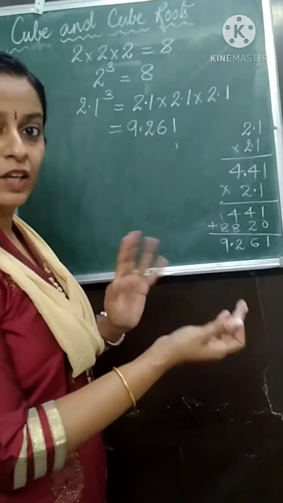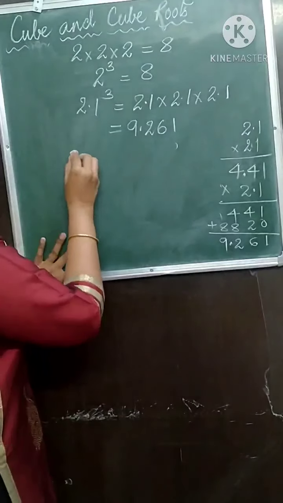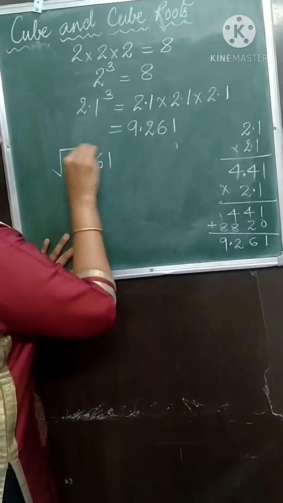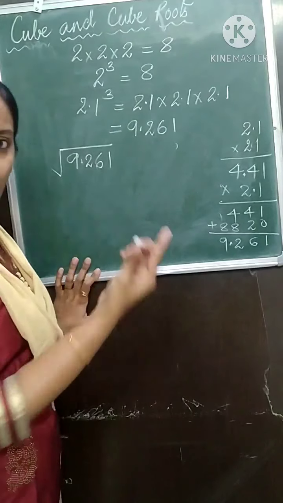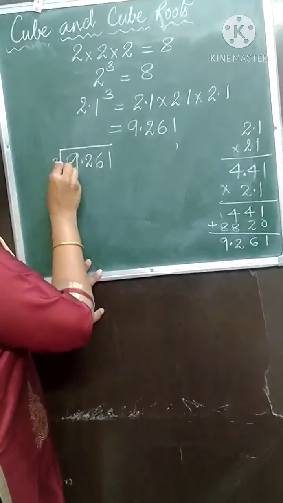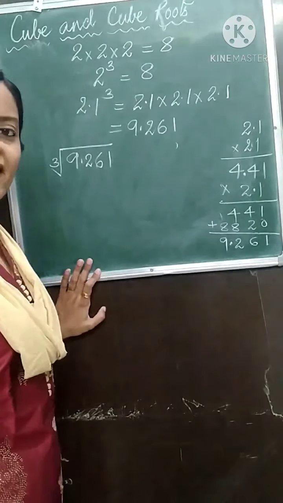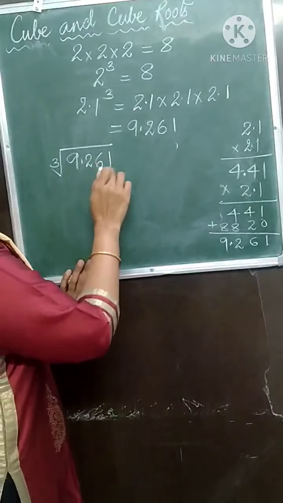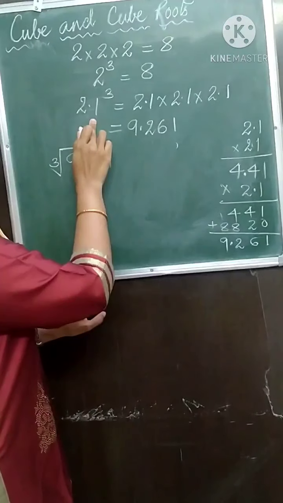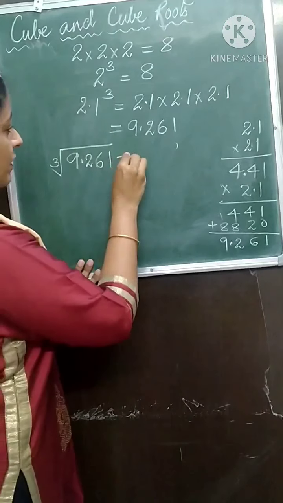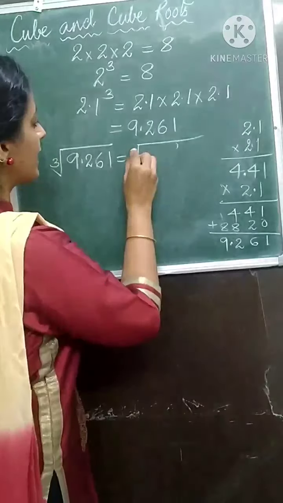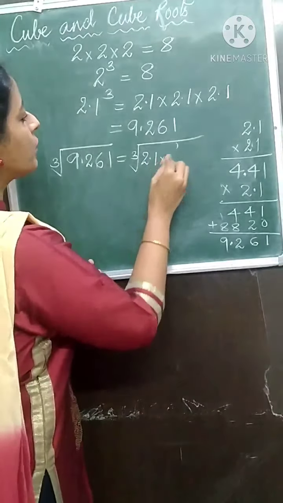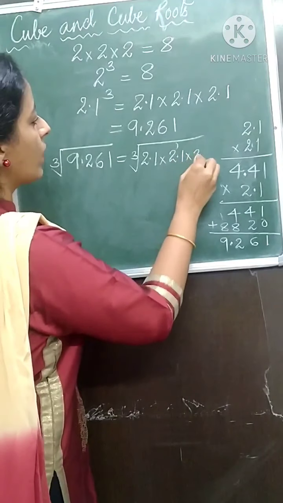Now the reverse. If you want to take the cube root of 9.261, how will you write? 9.261 under the cube root. If I put this, it is square root. So in the root you put 3. This is read as cube root. So simple. So cube root of 9.261 can be written as cube root of 2.1 into 2.1 into 2.1.